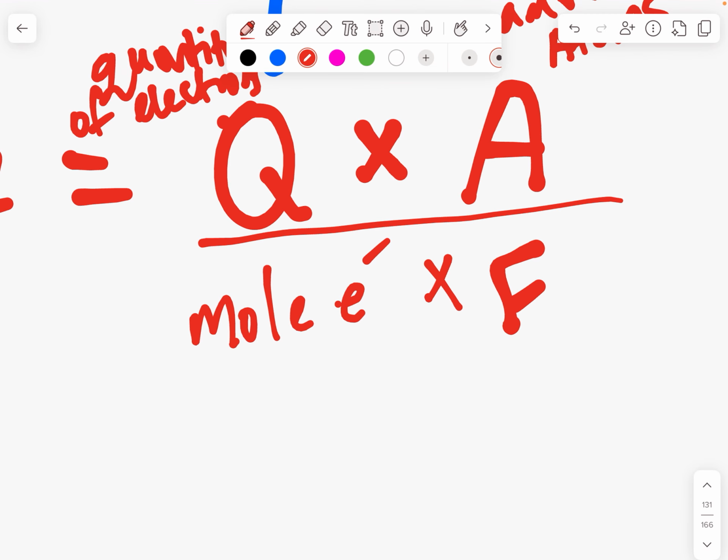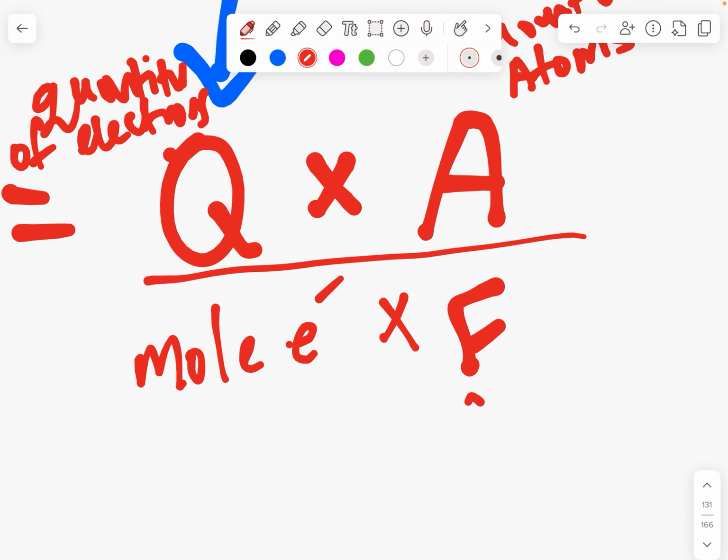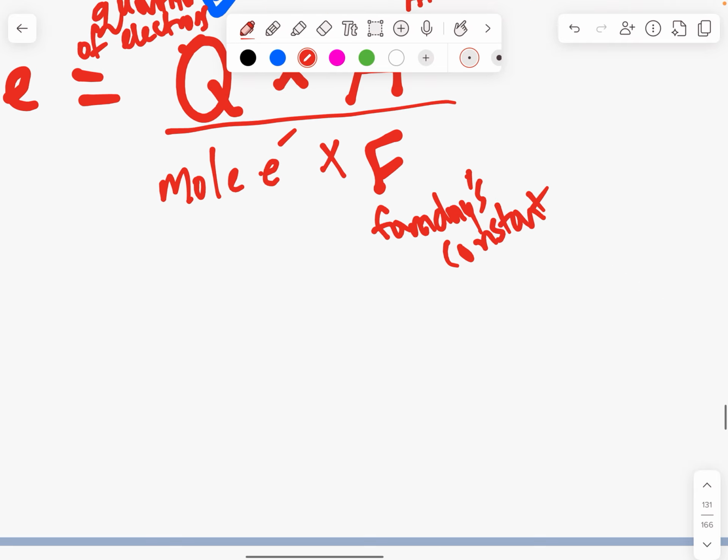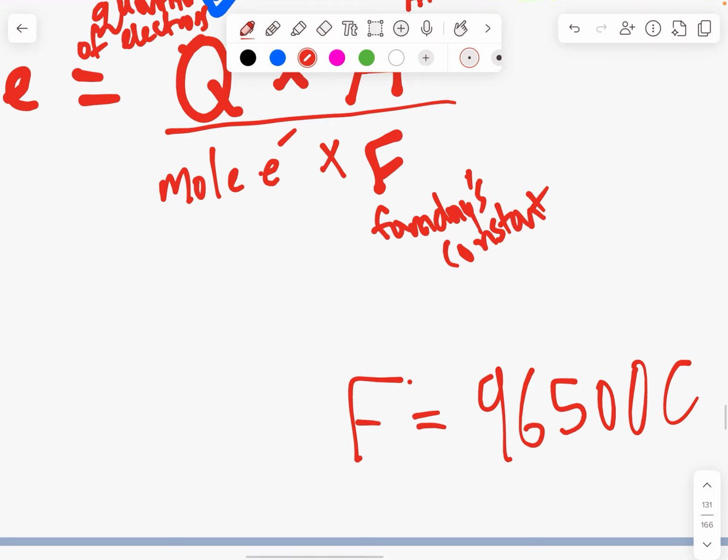Let me just insert that right here. Faraday's constant. And note that Faraday's constant, F, equals 96,500 coulombs. That is the value of Faraday's constant.